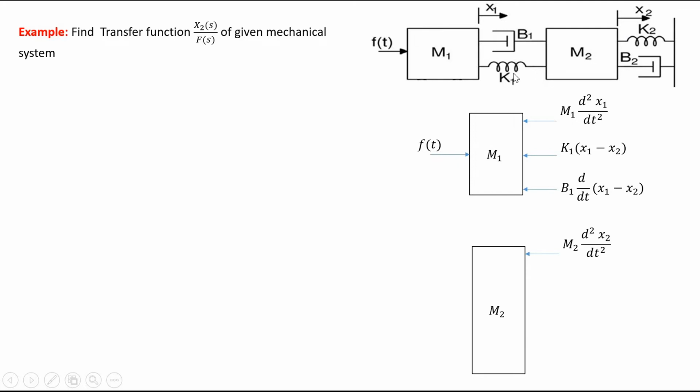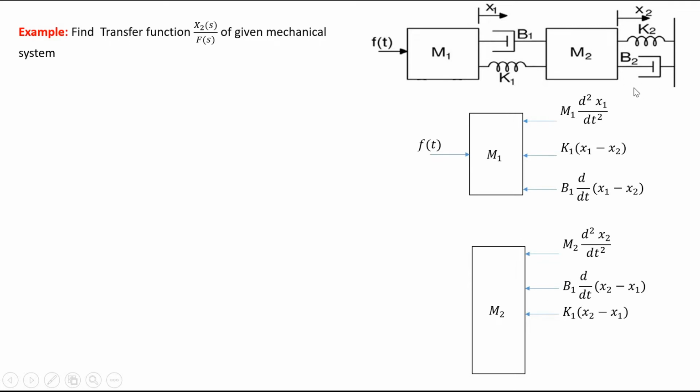Again b1, we take both displacements x2 and x1, but since this is the free body diagram of m2, we take x2 first, so b1 d/dt of (x2 − x1). Then k1, also attached to two masses, so k1(x2 − x1).